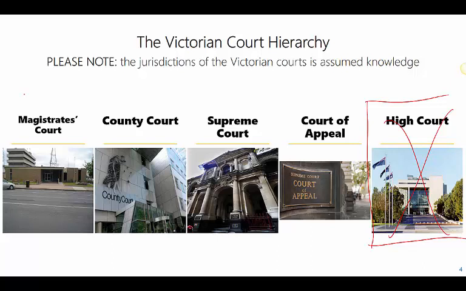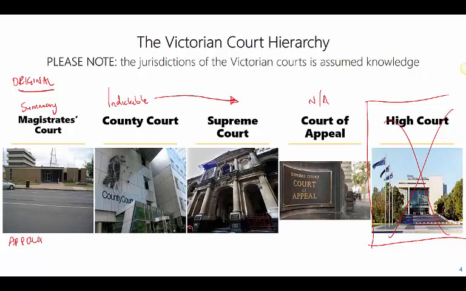If we're talking about original jurisdiction, hopefully you remember this, the Magistrates Court deals with summary offences, and the County Court and Supreme Court deal with indictable offences, obviously depending on the level of severity. And the Court of Appeal has no original jurisdiction, only an appellate.